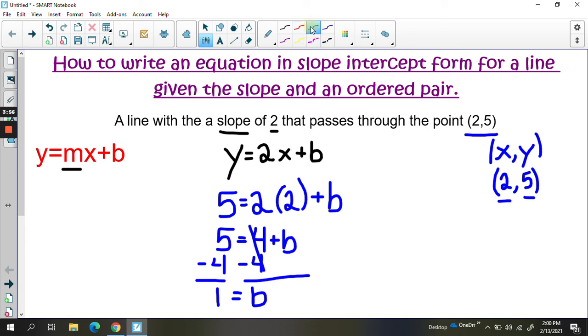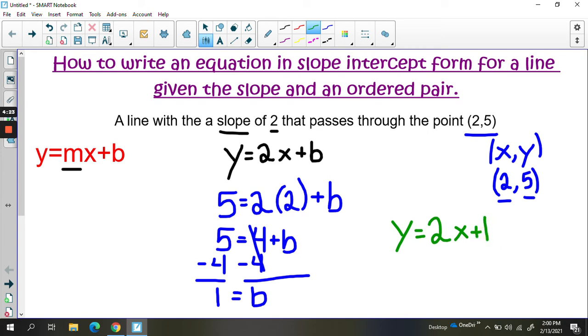That allows us to now write our equation in slope-intercept form using the information that the y-intercept is b and the slope is 2. So we're going to write the equation as y equals 2, because that's still our slope, x plus b, which we solved for being 1.